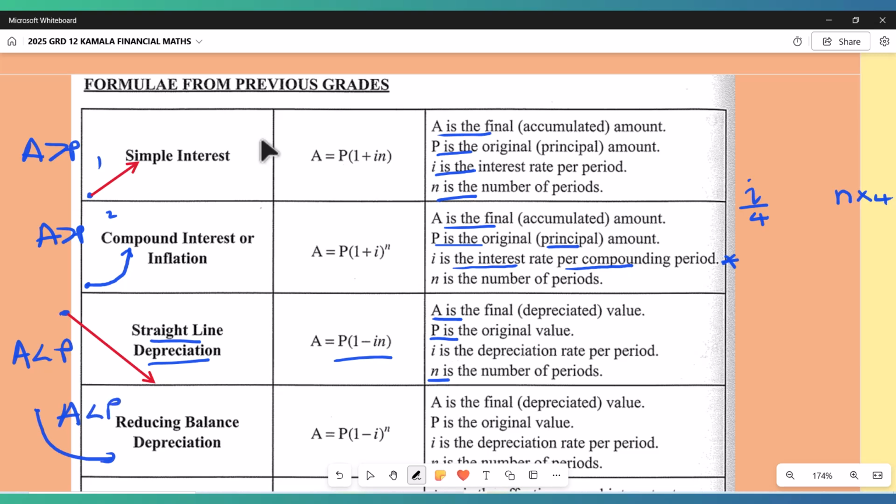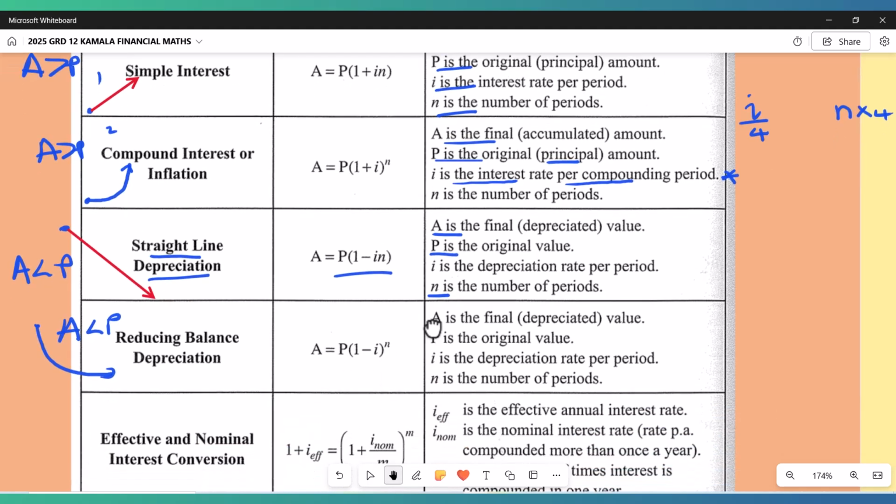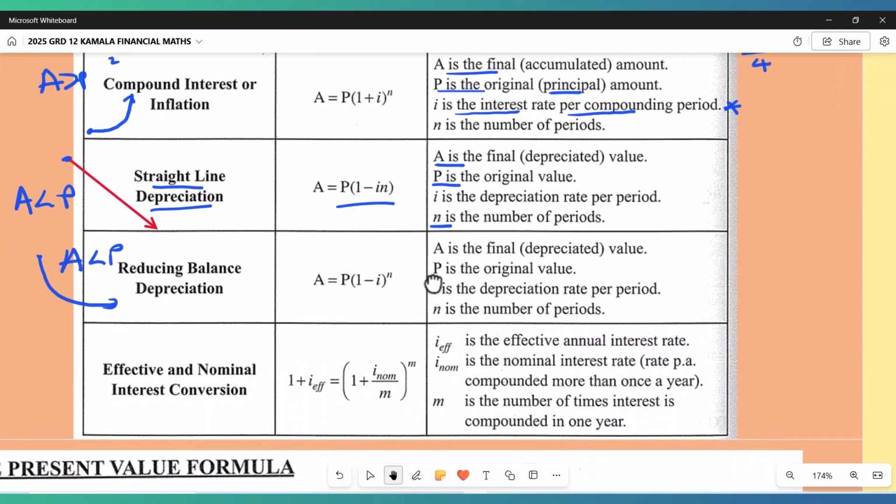So here we are using reducing balance depreciation. The formula says that A equals P times (1 minus i) to the power n, whereby A is the final or depreciated value, P is the original value, i is the depreciation rate, and n is the number of periods.